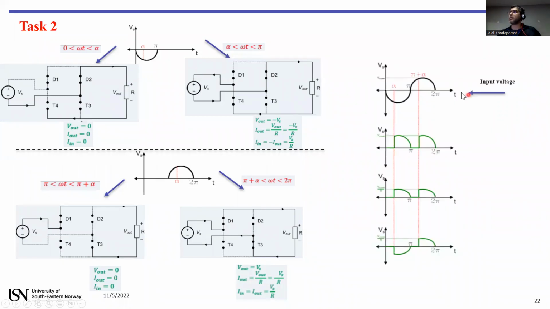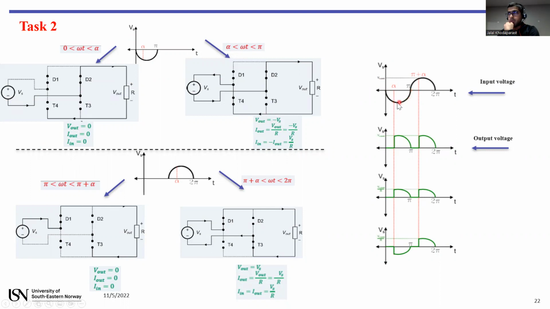Suppose that this was the input voltage. What was the output voltage? You have to draw the output voltage in different conditions. We started from here, 0 till alpha, and the output voltage is 0. Then here, the output voltage is minus the input voltage.